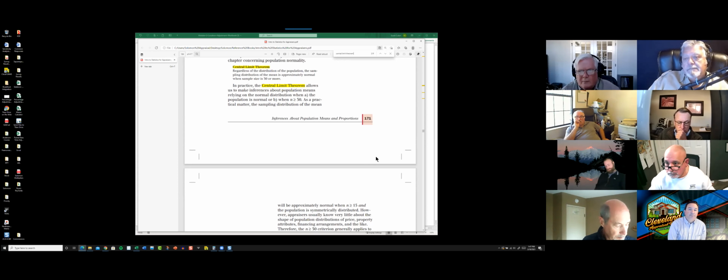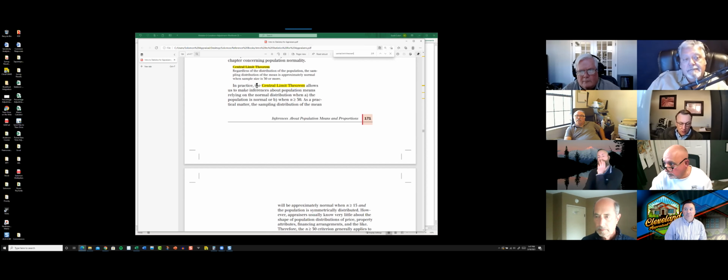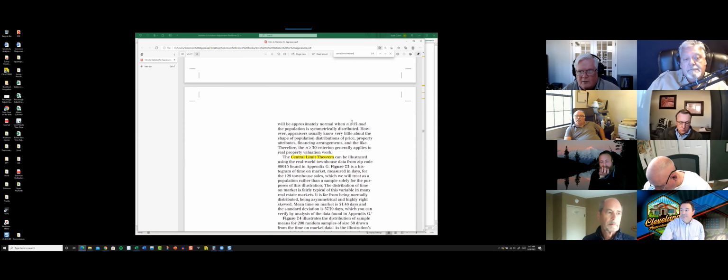Now, I did find my reference. This is page 171 of Marvin Wolverton's book, Introduction to Statistics for Appraisers. He's citing the central limit theorem, which is beyond appraisal, that's math. He's saying that if there's a normal distribution, you can have less, or 15 in the sample. A normal distribution is when it's a perfect bell curve.